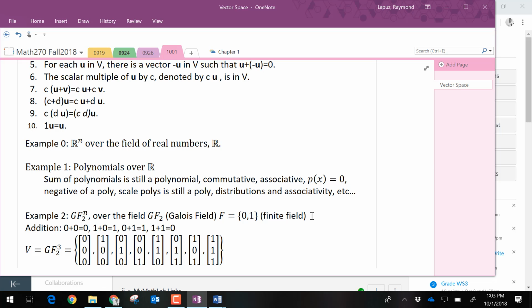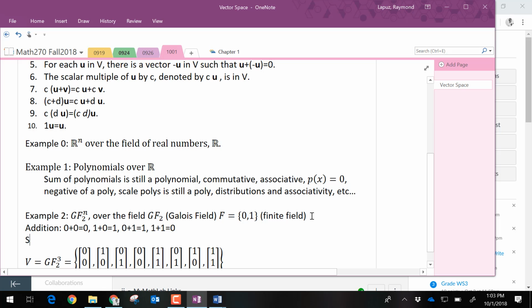Come on. Times. If it was times, but we're adding, so it goes back. Modulus. It's the mod stuff. So just so we're clear, the additive identity is 0. You add stuff to it, you get back the same thing.